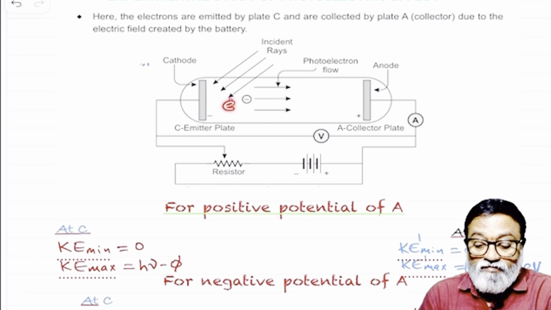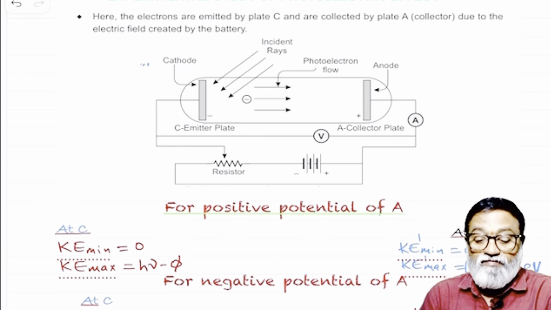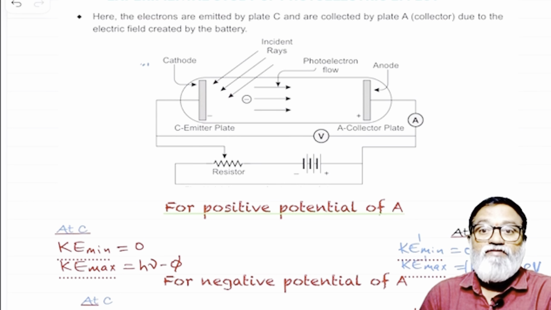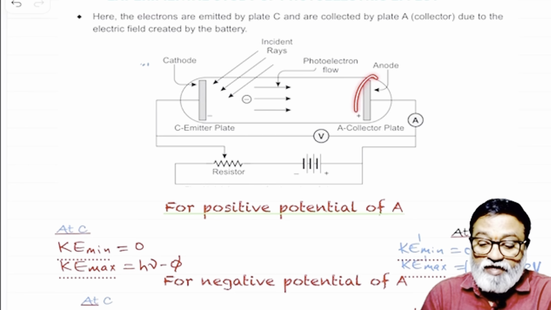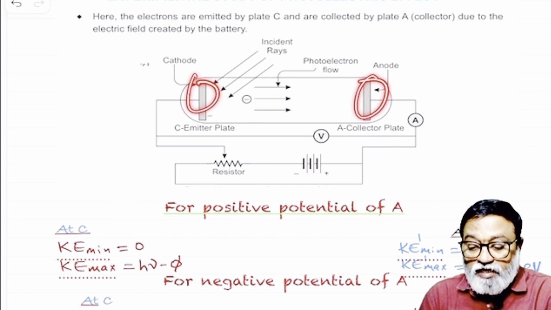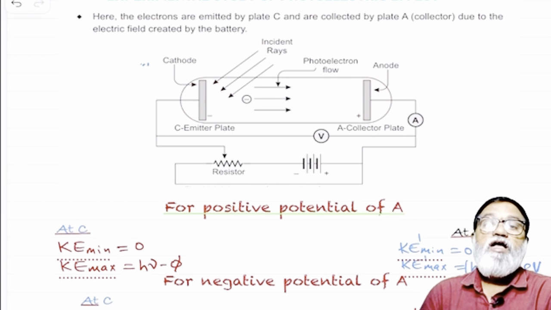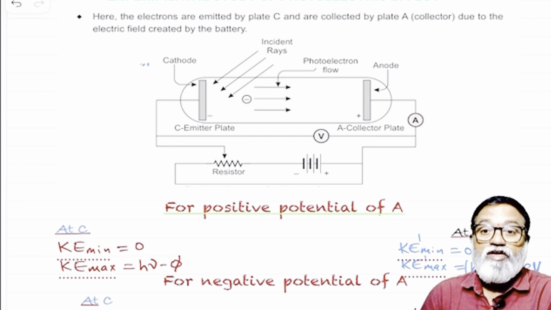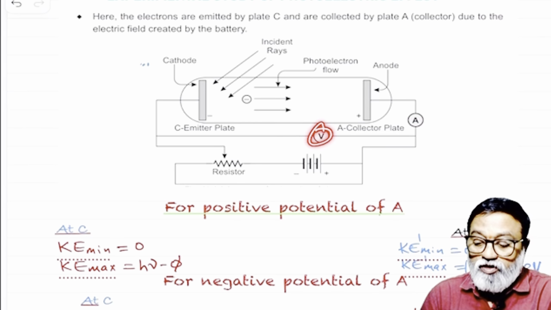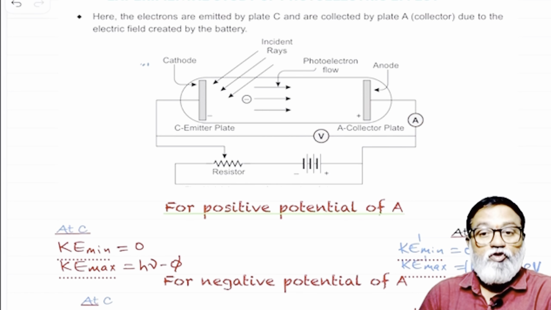Whatever electrons are released from this metal surface, some of them have maximum kinetic energy, and even though there is zero potential difference between anode and cathode, those electrons can reach the anode. Therefore, we can observe the photoelectric current. Even though the potential is zero, there is a photoelectric current.